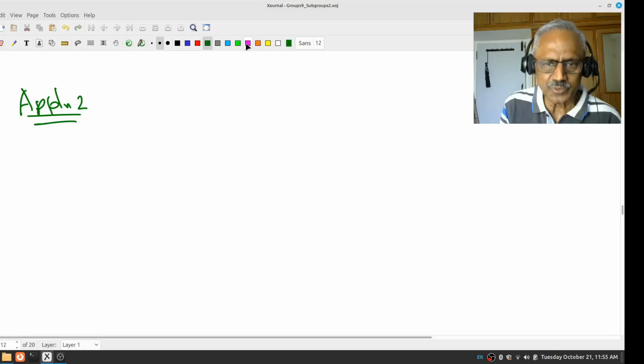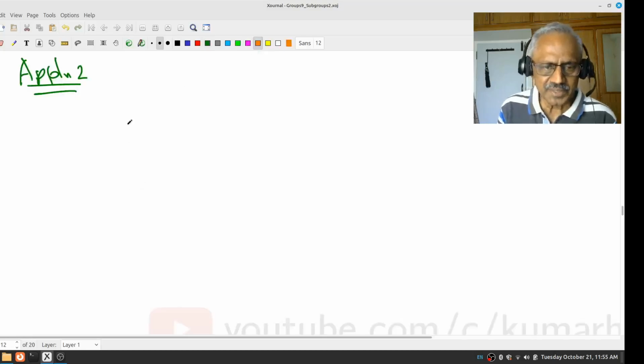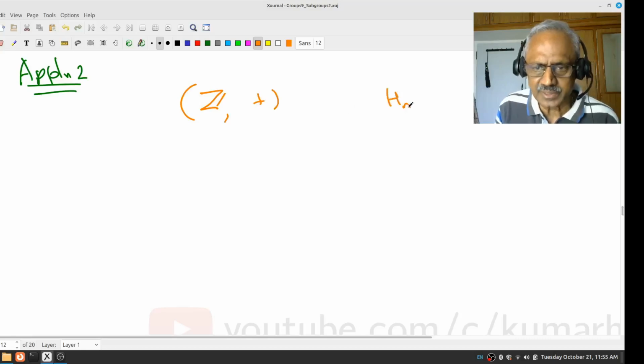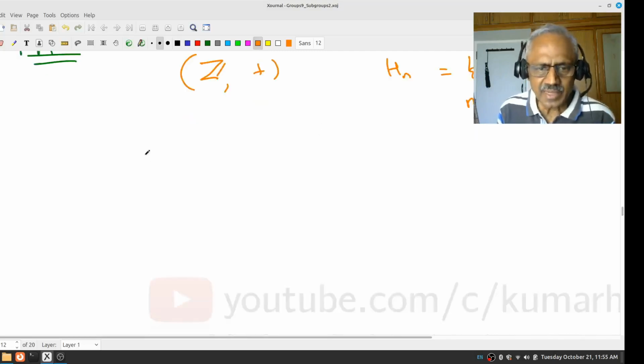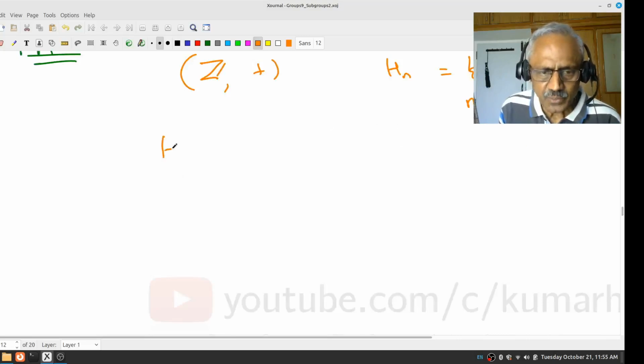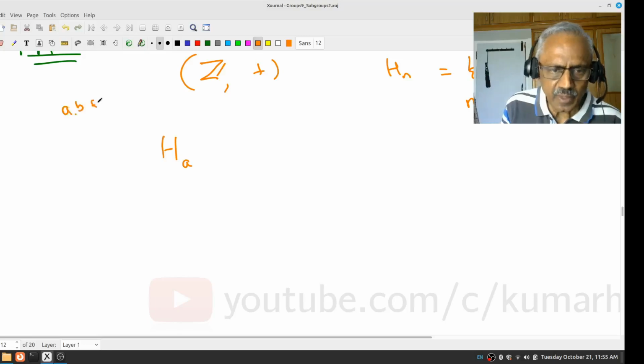What is the second application? Now we have seen in Z under addition, all the subgroups are Hn, where Hn is n times Z, where n is in Z plus. Any subgroup is of this form, right? Now I can ask a question. Suppose A, B are in Z plus, assume they are positive.